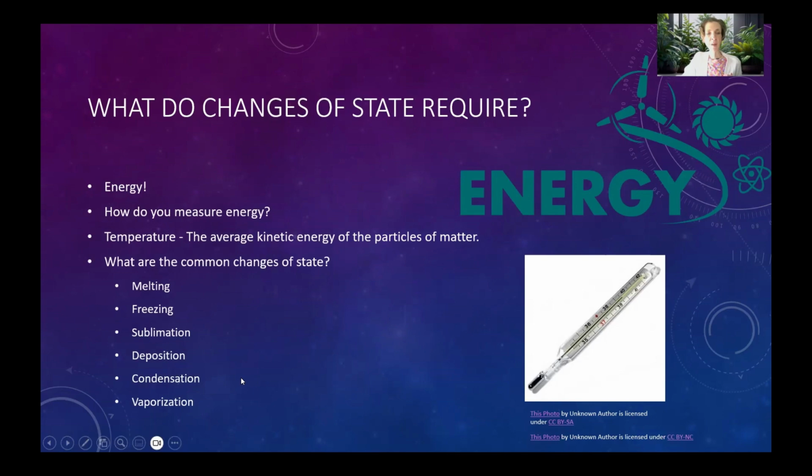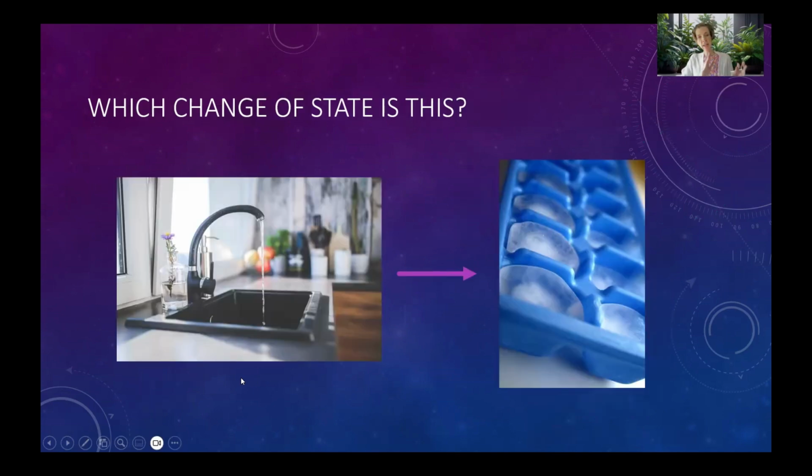But what change of state is this? We have our liquid water, we fill up our ice cube trays if you still use those, and it turns into ice. It is freezing. That's correct. Freezing is the change of state from a liquid to a solid.